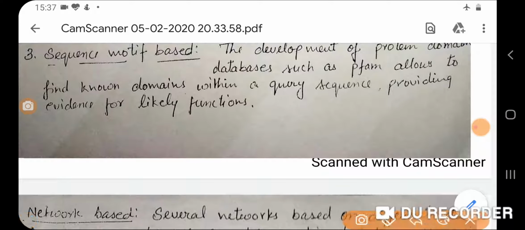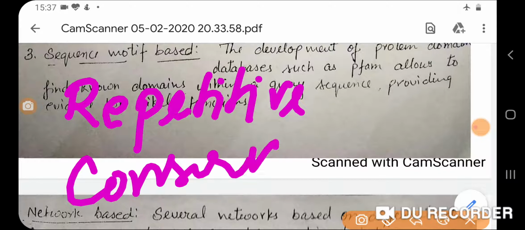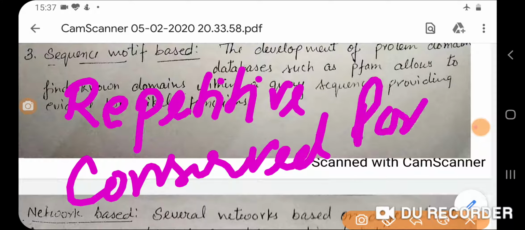Clear? Now what is a motif? A motif is a repetitive conserved part, which will repeat again and again in the sequence.